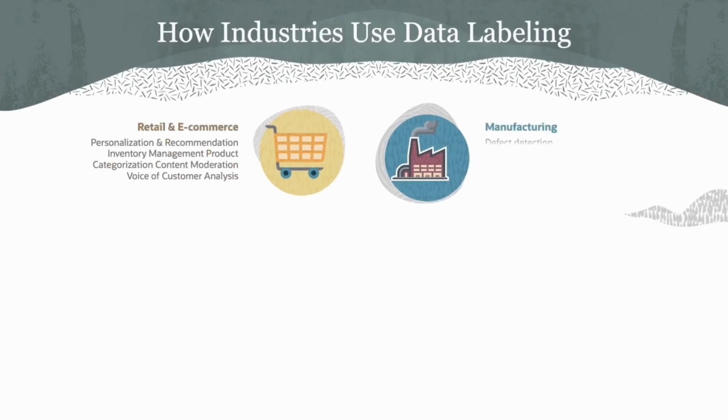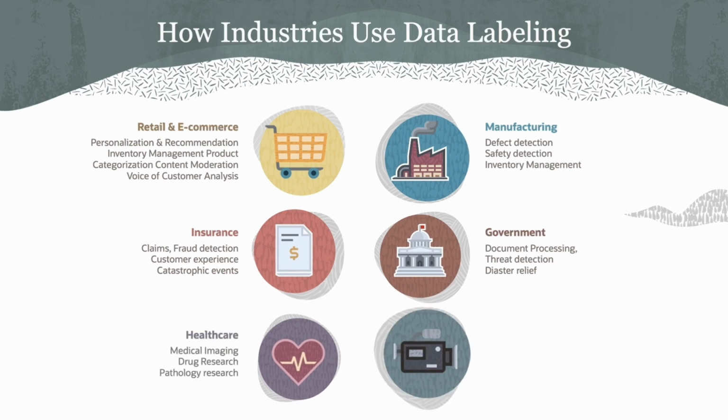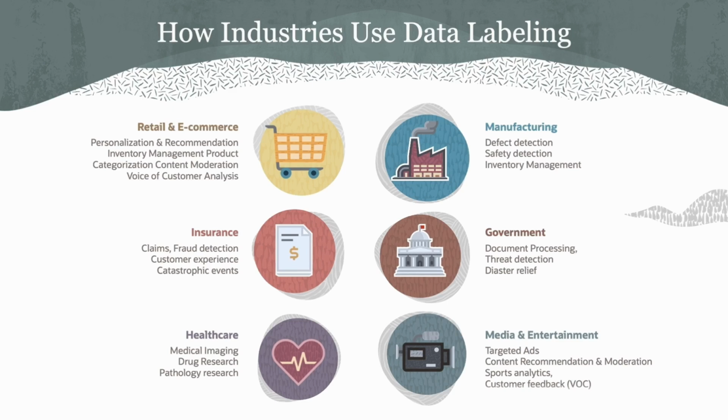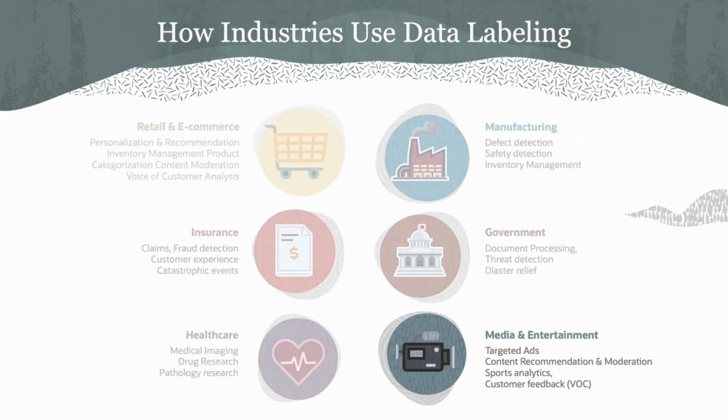Various industries have a wide range of uses for data labeling. As you can see, retail, e-commerce, manufacturing, insurance, government, healthcare, media and entertainment, to name a few. In media and entertainment, social media and customer feedback is often scrubbed to flag inappropriate image and text content and to note the most common words used in order to gauge customer sentiments.